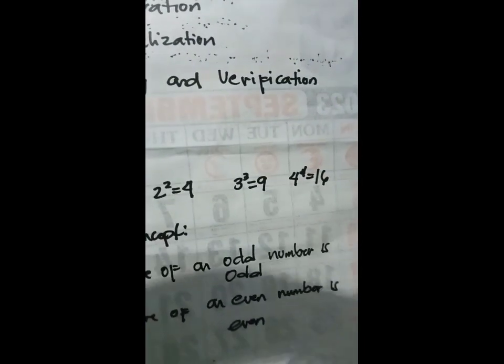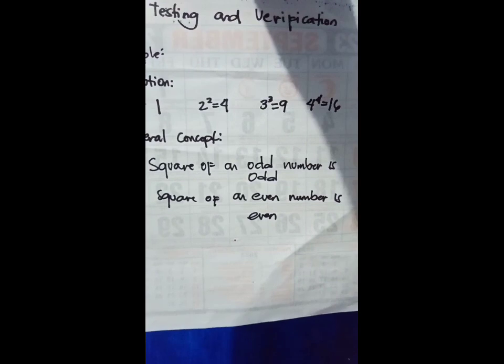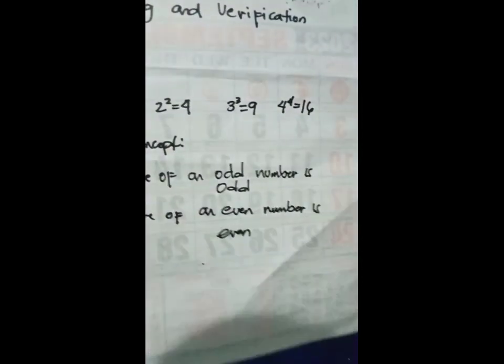The general concept: from equations 1 and 2, we get that the square of an odd number is odd and the square of an even number is even.